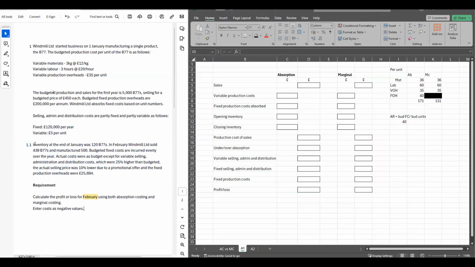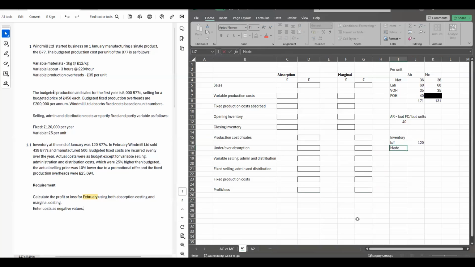So we can see here, we've got inventory at the end of January was 120 B77s. Then it goes on to say in February, we sold 439 B77s and manufactured 500. So the next working we need is a quick one, to work out how our inventory has moved in terms of unit numbers. We started the period with 120 B77s.